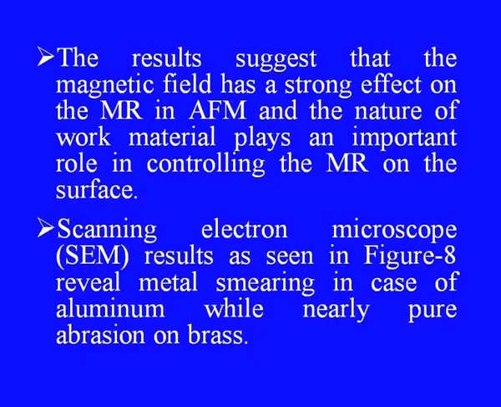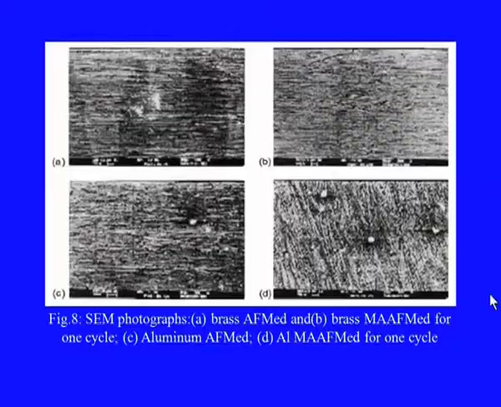Scanning electron microscope results, as shown in the next figure, reveal metal smearing in case of aluminum, while nearly pure abrasion on brass. This we can see. So, this is in case of brass, and this is in case of aluminum, and this is prior to the magnetically assisted AFM.